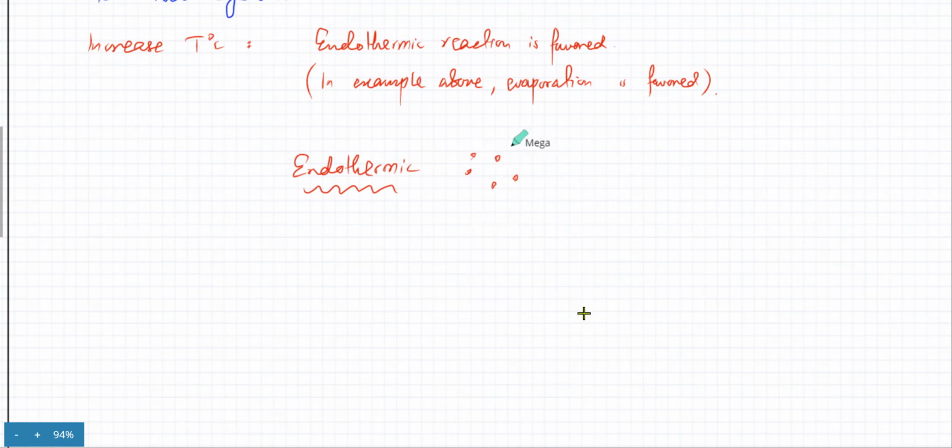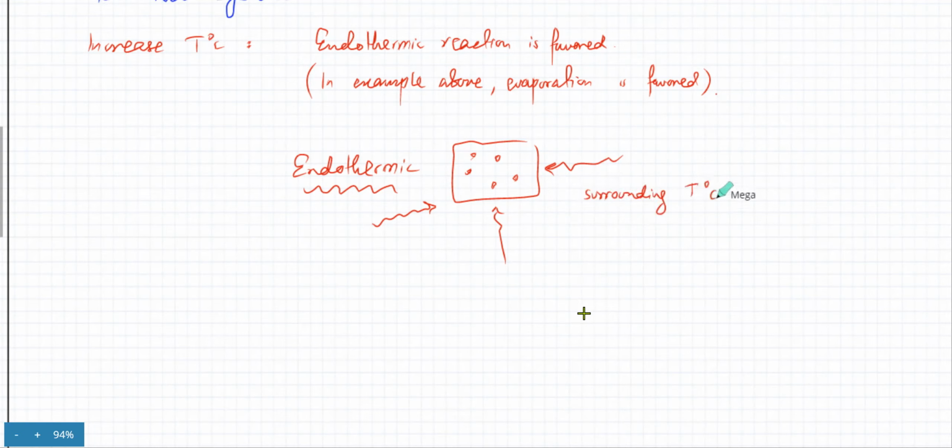They're going to absorb energy from the surroundings, in whatever form, light, infrared, etc. So the surrounding temperature is going to drop. Always remember, if a particular reaction is endothermic, the surrounding temperature is going to drop.